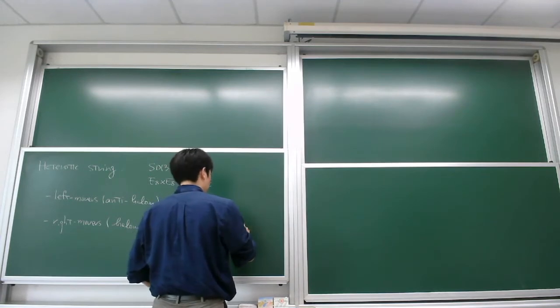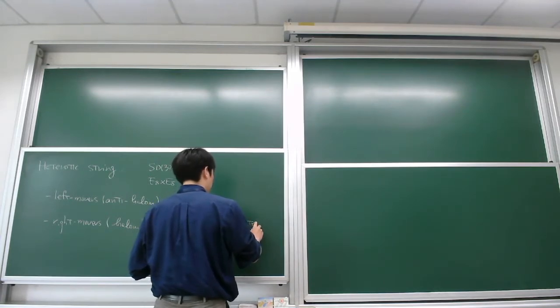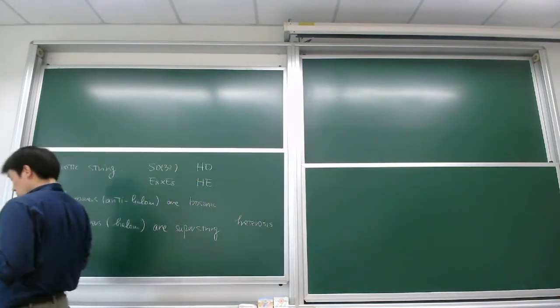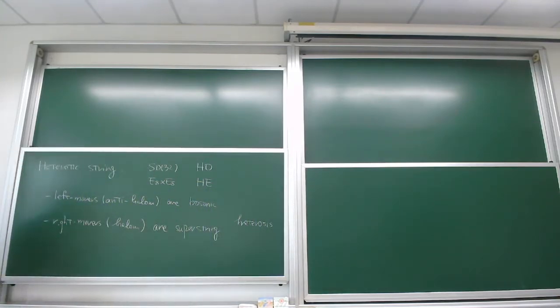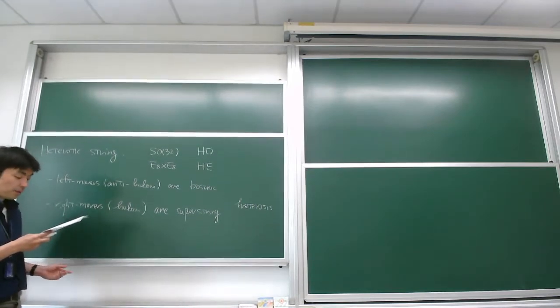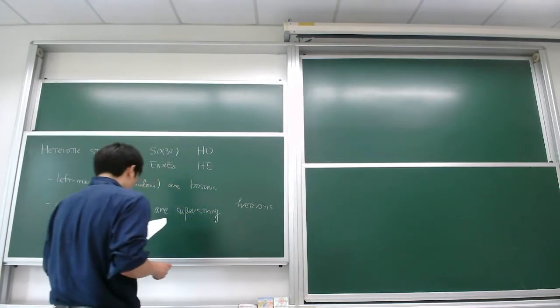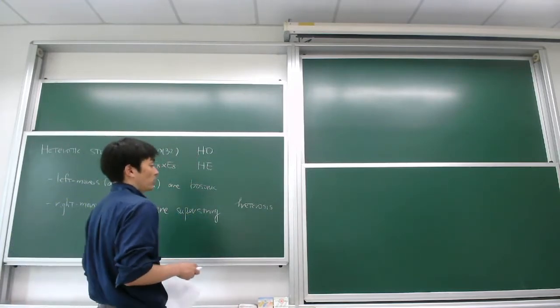So there's a bosonic string and a superstring, and this hybrid of these two different kinds of string is called heterosis.